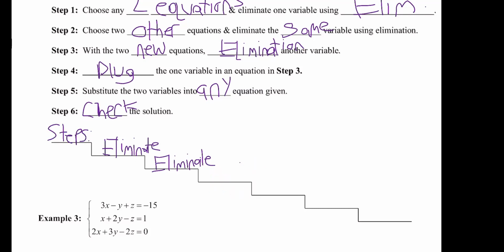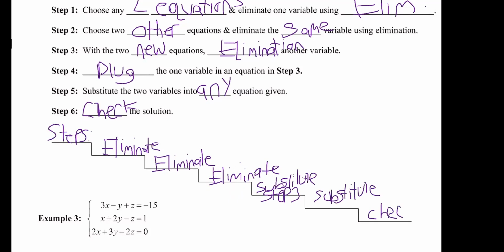I'm sorry. You're going to eliminate, eliminate, eliminate. You're going to substitute into step 3. I don't know if this is even worth writing, but I'll just do it since I'm committed. And then you're going to substitute to get your final answer and then check. It's just kind of illustrating those 6 steps.